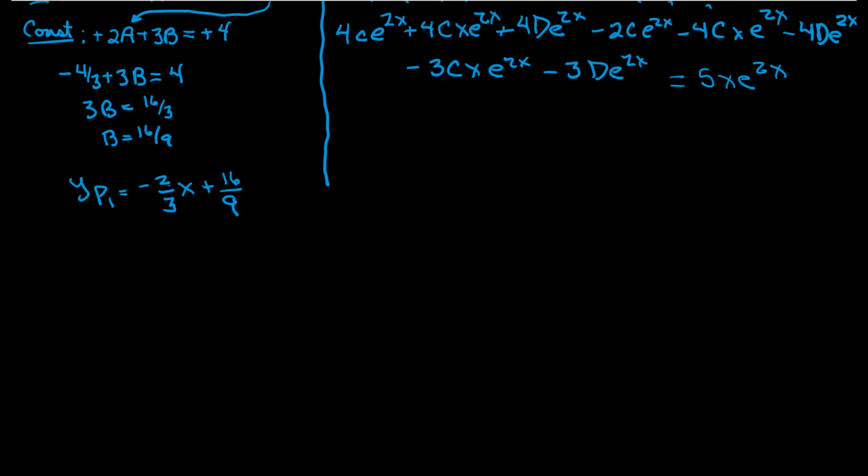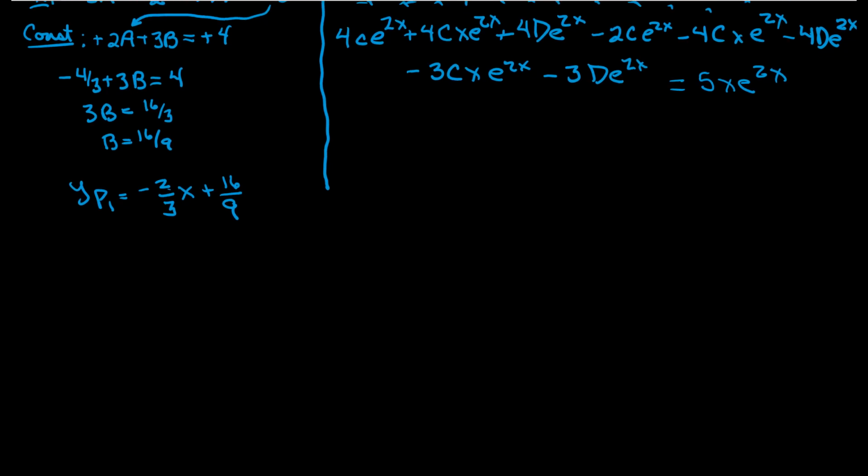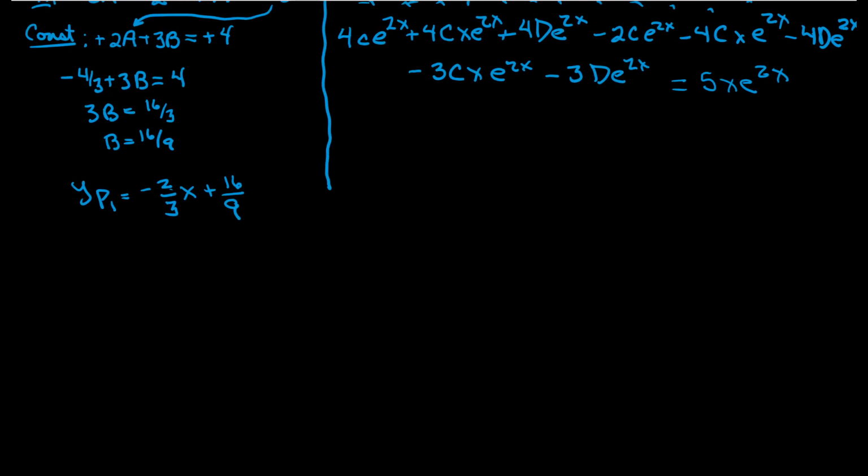Okay, so now I've got to be kind of careful here. I want to combine like terms, and I don't want to miss anything, so I'm going to continue underlining stuff like I have in the past. It's a safe way to keep from missing anything. The first thing I'm going to start out with is my 4c e to the 2x. Notice it has a c, but it does not have an x times the c.